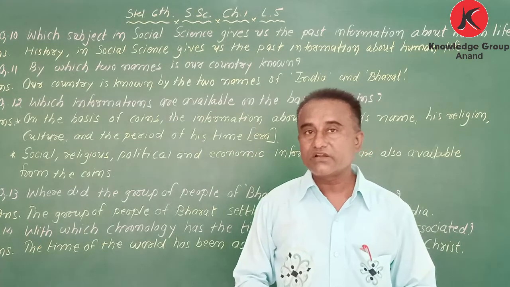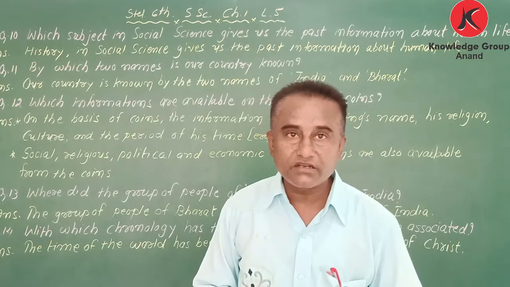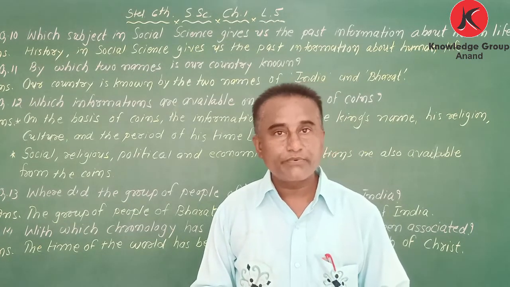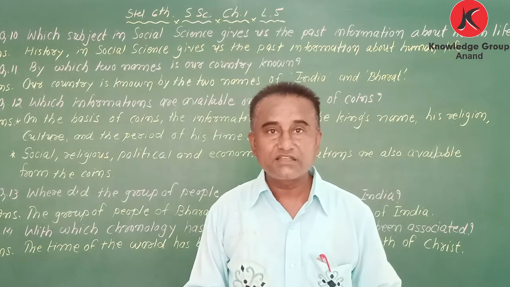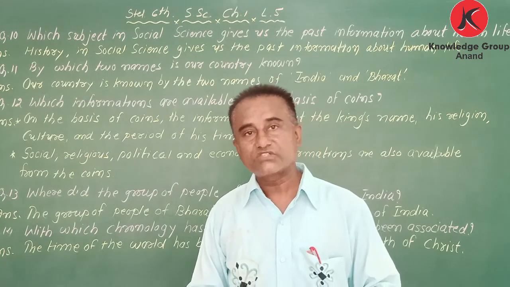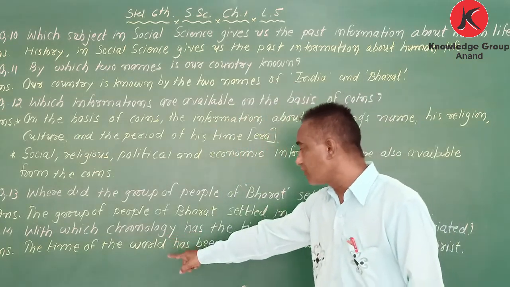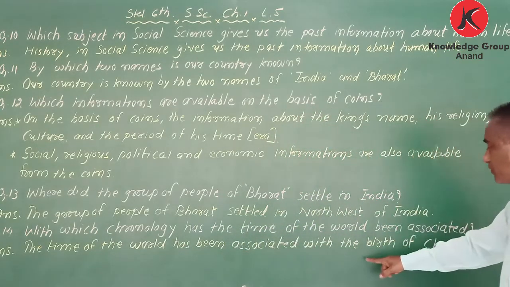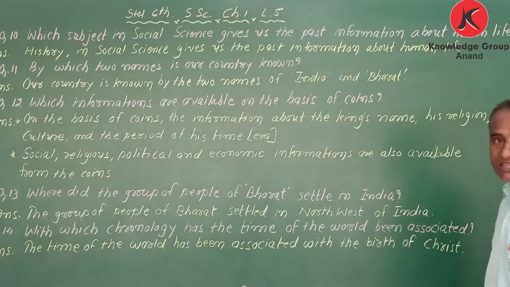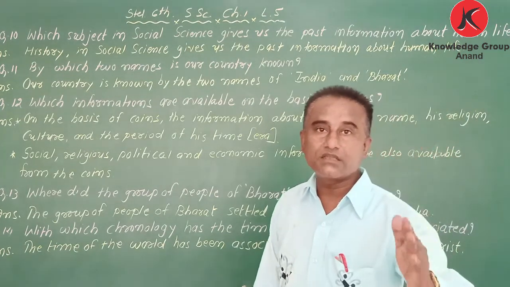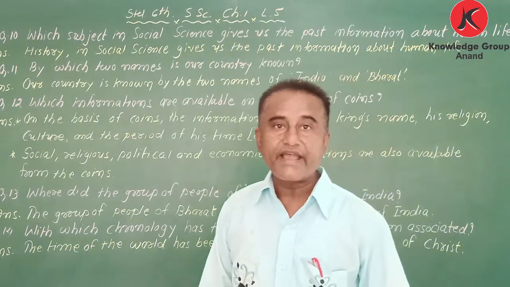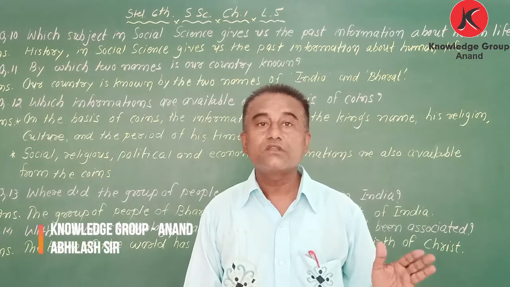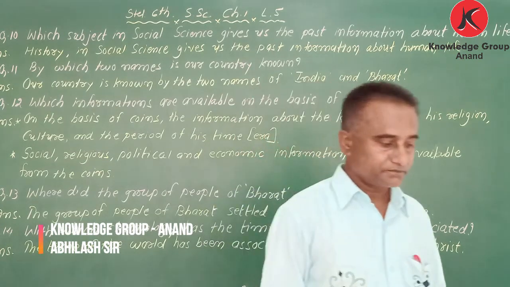Because many countries have Christianity spread everywhere and they are following this Christ era. That's why we can say the time of the world has been associated with the birth of Christ. That's why we use the words BC, before Christ, and AD. AD means Anno Domino, which means after the birth of Christ.